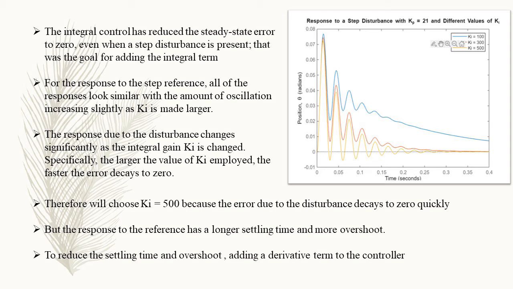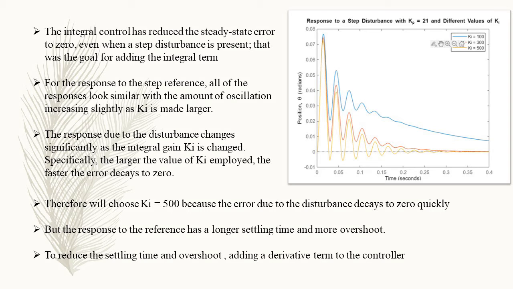The response due to the disturbance changes significantly as Ki is changed. The larger the value of Ki employed, the faster the error decays to zero. So, we will set the value of Ki as 500.